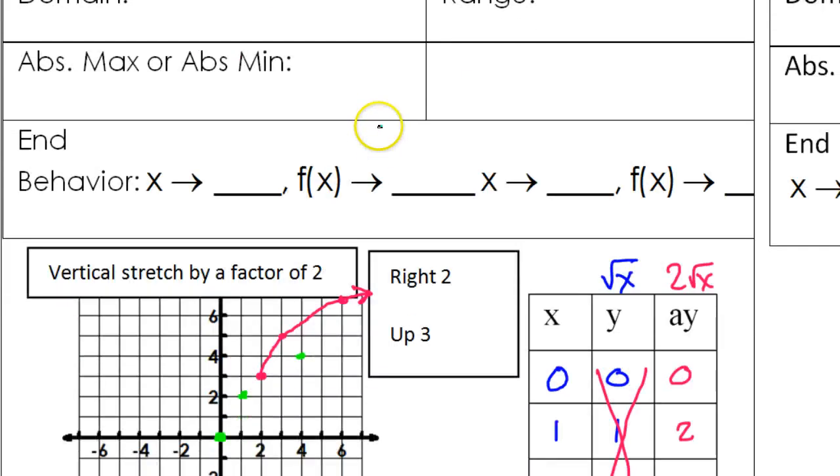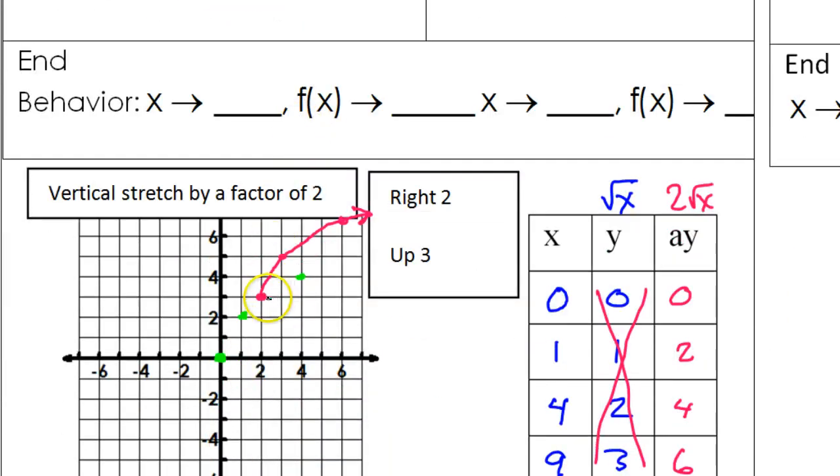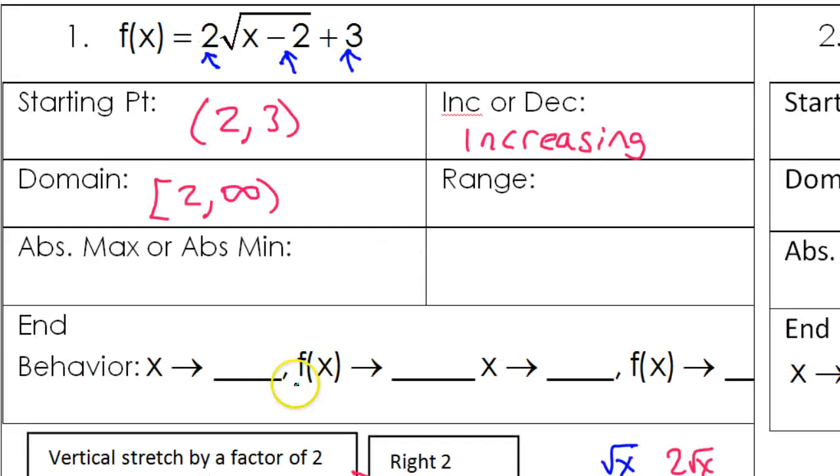The domain. The domain is from left to right, so the x values go from 2 to positive infinity. The range. The y values go from 3 to infinity, bottom to top.